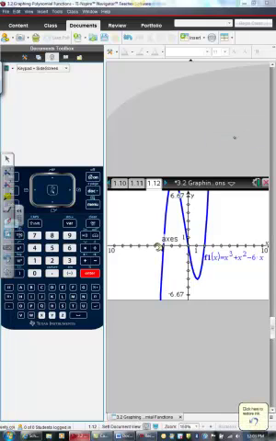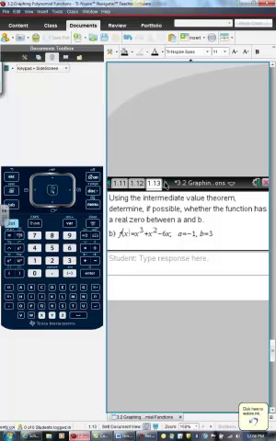So let's try another one. Using the intermediate value theorem, determine if there's a real zero between A and B. Here's our function. We've got our values of A and B. A is -1, B is 3.